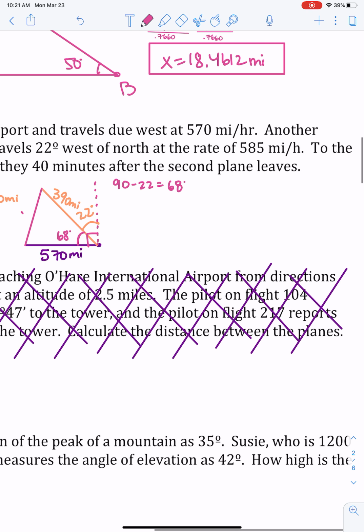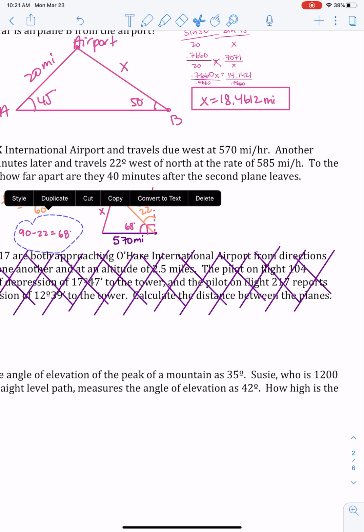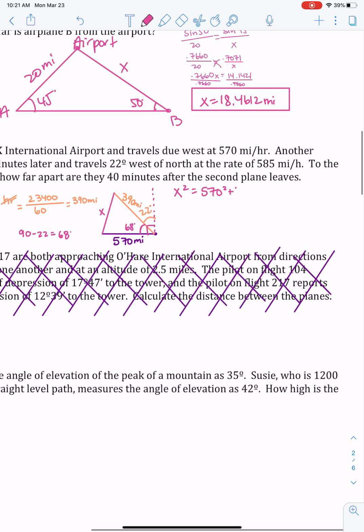So this is my side I'm trying to find. I'm going to move this over. I have x squared equals both of the sides next to it squared minus 2 times 570 times 390 times cosine 68 degrees. Now I'm going to be super lazy, and I'm going to type all of that in one string in my calculator.